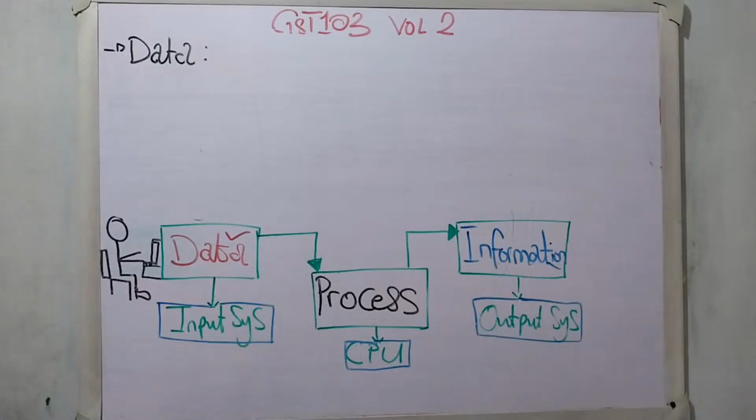So now we have data. When we say data, data refers to facts. Remember when we started this class, I said something about data. It is nothing more than just facts. These facts could be about a person, an object, or a place.